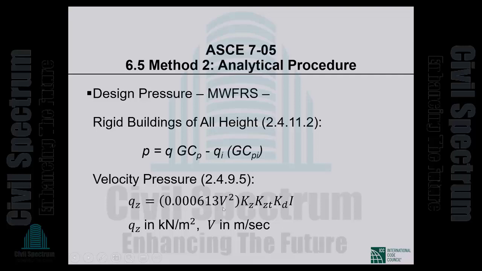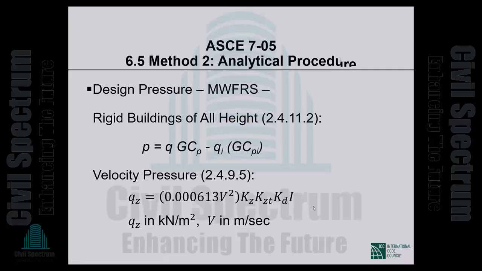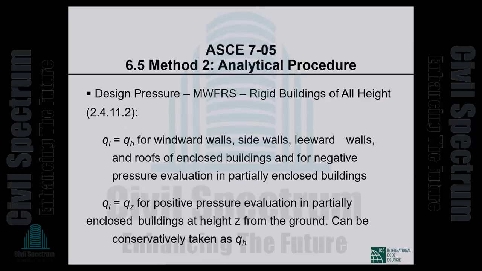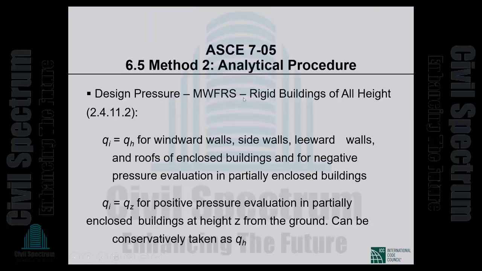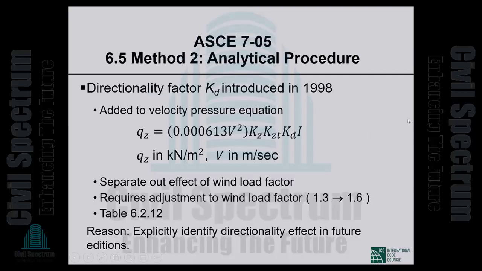The constants: V squared, K sub z, K sub zt, K sub d, and I. The q sub i, the velocity pressure for internal pressure, that is being described here. Most of the time you can take it as q sub h, but I will let you read it instead of trying to spend time on that.